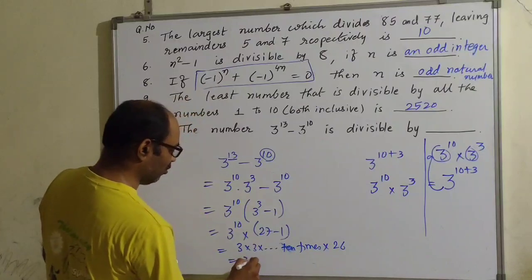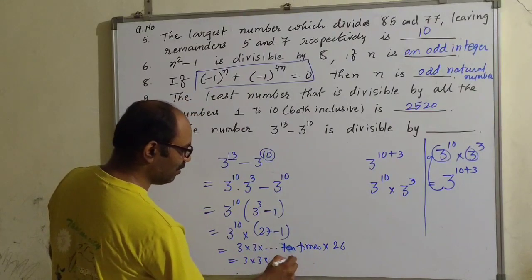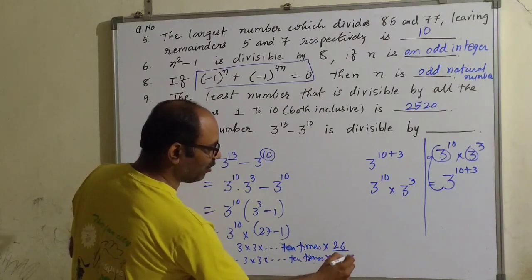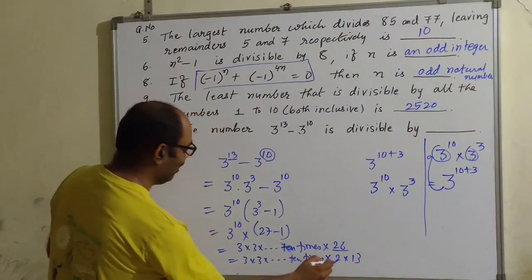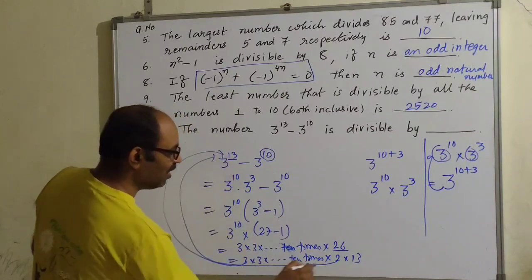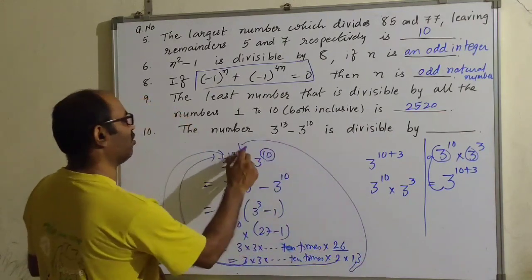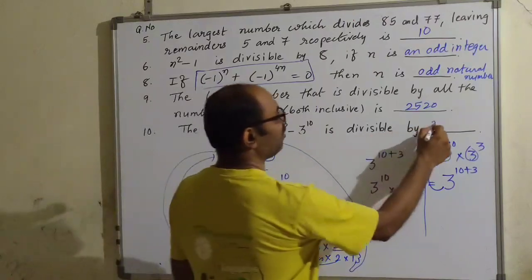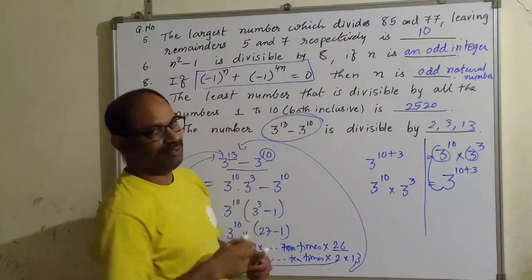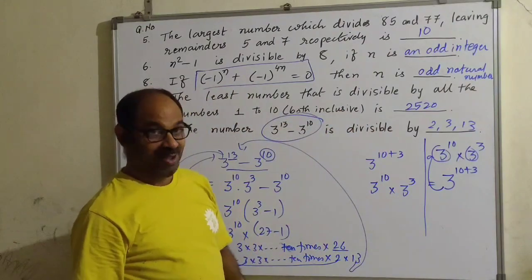So that is 3 into 3 into 3, 10 times, multiplied by the prime factors 2 into 13. You can see 2 is a factor of this, 3 is a factor of this, and 13 is a factor of this. So 2, 3 and 13 are factors of this value. Clear to you?